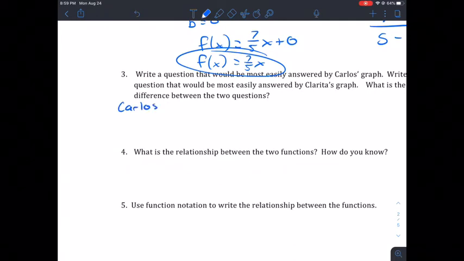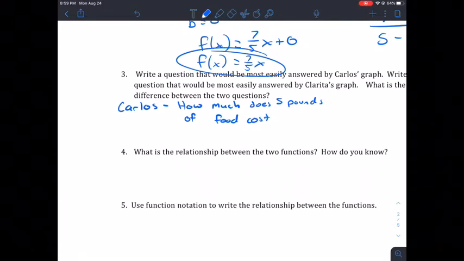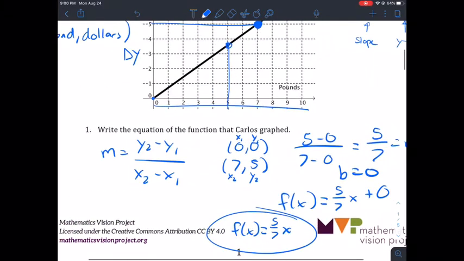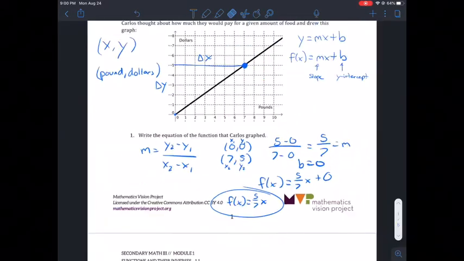Carlos: How much does 5 pounds of food cost? And really that 5 could be replaced by anything. You could say how much does X pounds of food cost, right? Because that's on the x-axis. So you could say how much does X pounds of food cost?